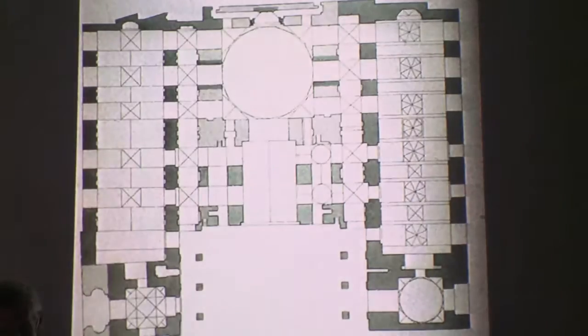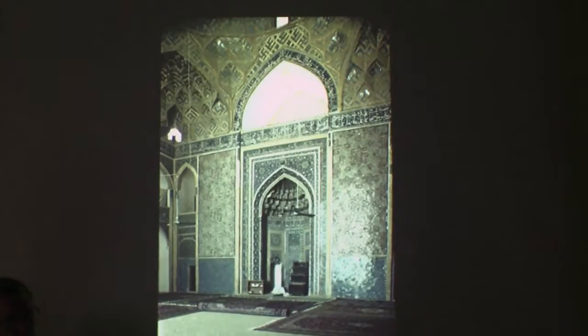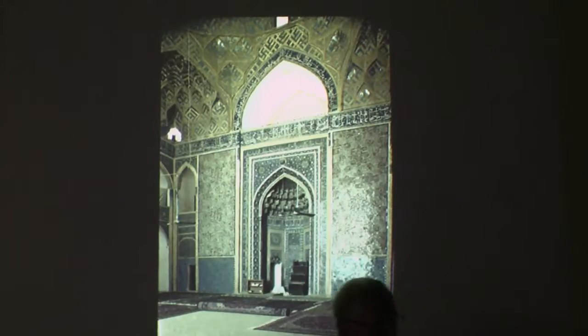Here's the Qibla wall, and we'll rush ahead to Yazd. What's the difference? The mihrab is not stucco. The materials of decoration, yes, we have mostly tile decoration now.